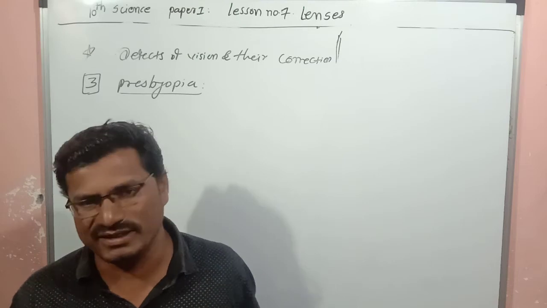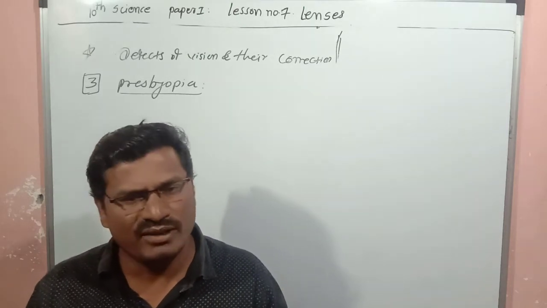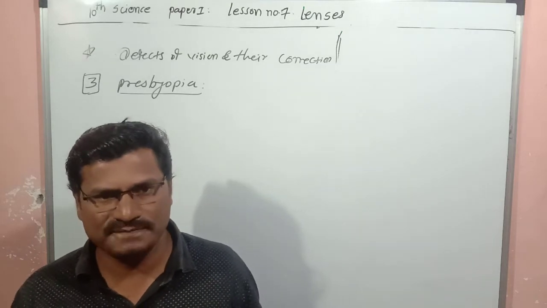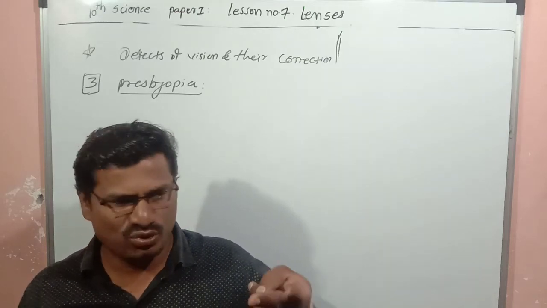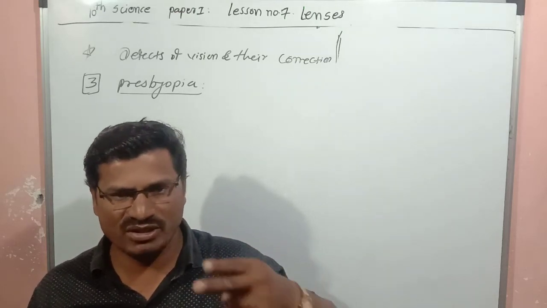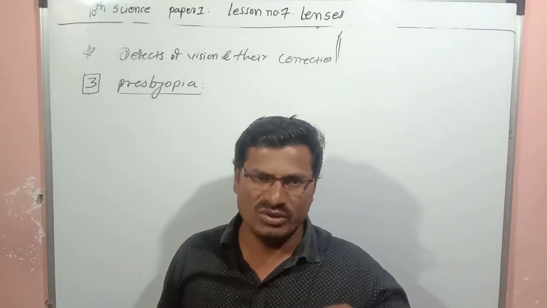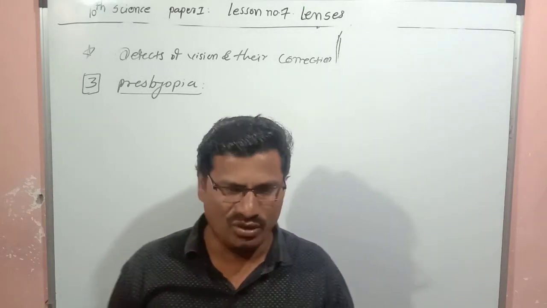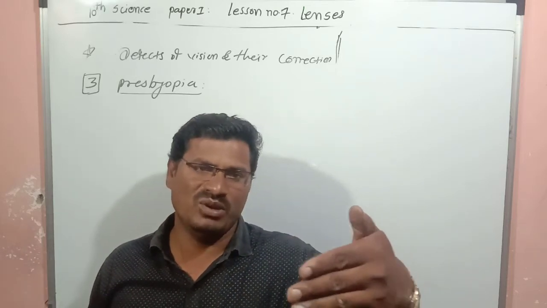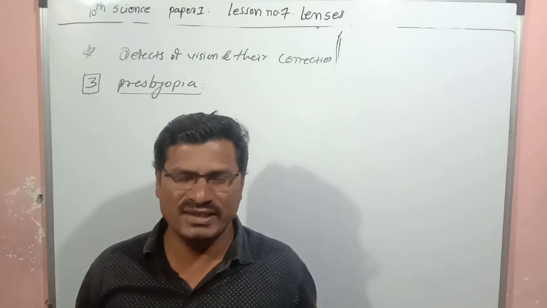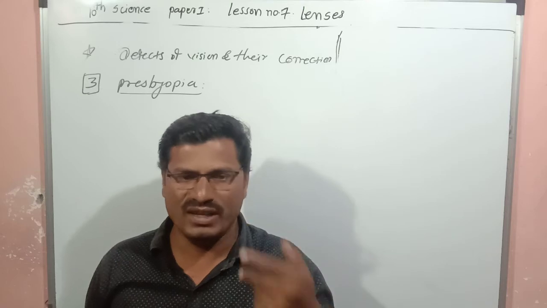In such cases, bifocal lenses are used. In the same spectacles, 2 lenses are used: on the upper side a concave lens for nearsightedness, and on the lower side a convex lens for farsightedness.